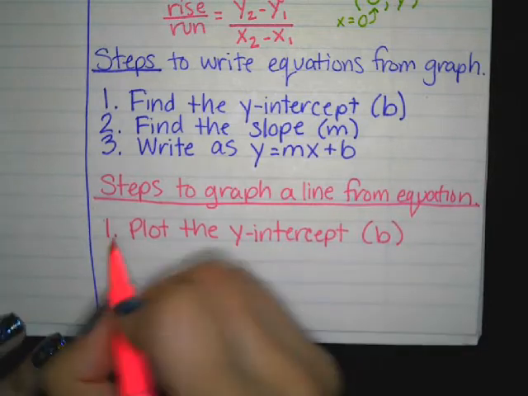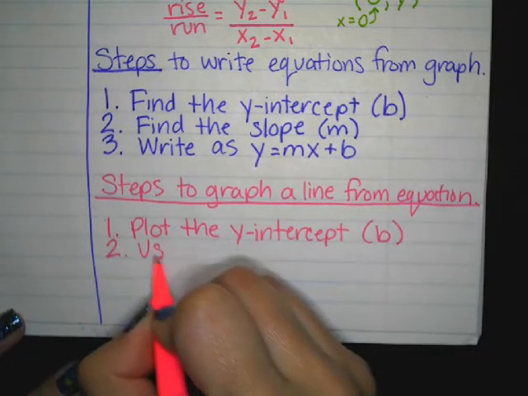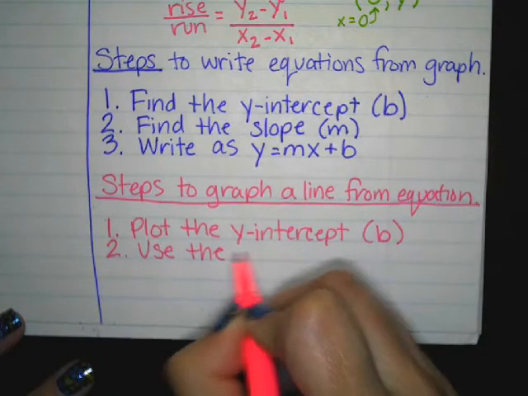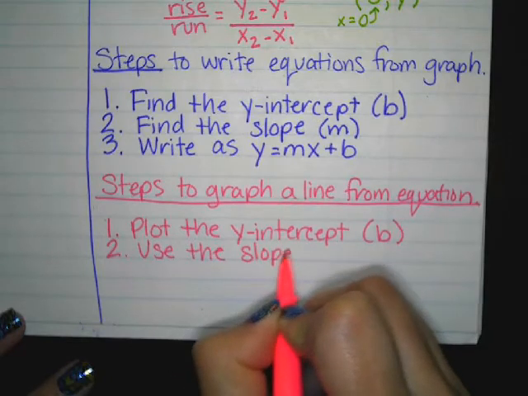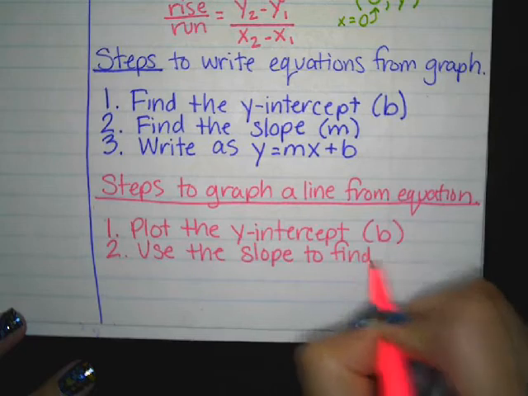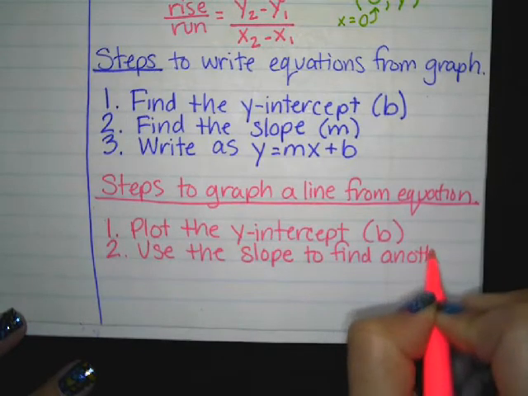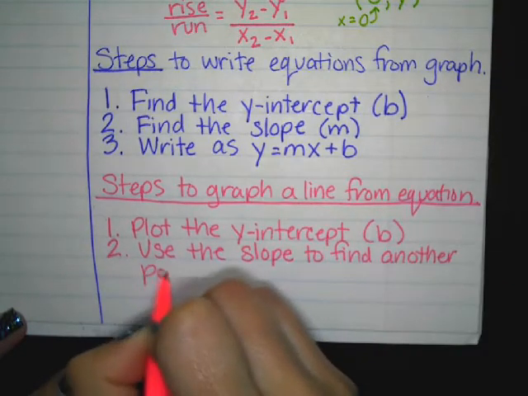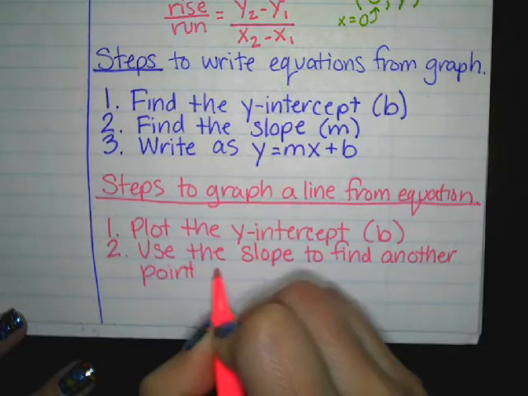The second step is to use the slope to find another point on the line.